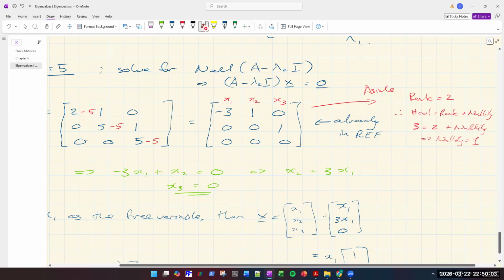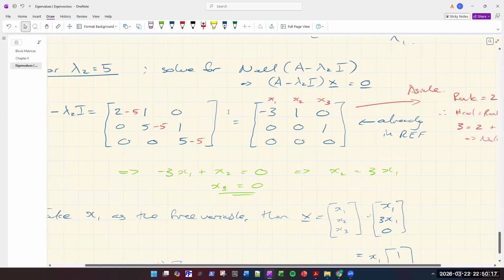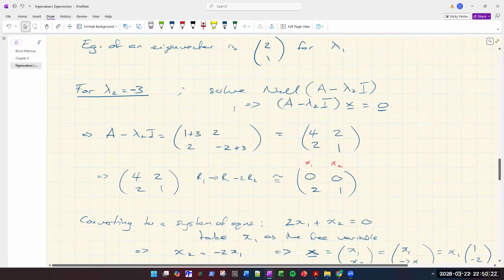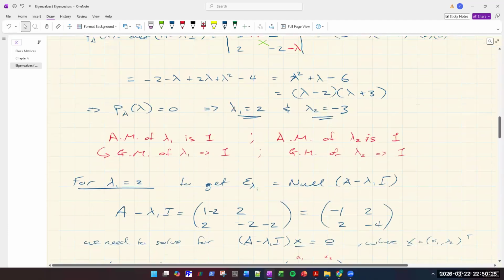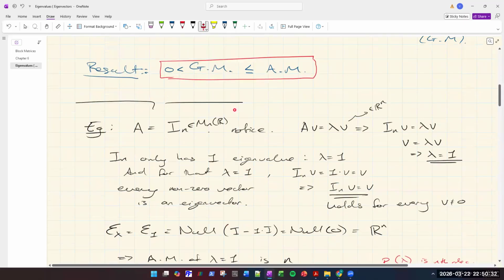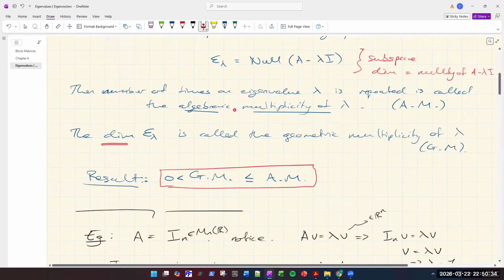And of course, what is the nullity? The nullity is the dimension of the null space. What is the null space? The null space is the eigenspace. So what is the dimension of the eigenspace? Let's go all the way up. The dimension of the eigenspace is the geometric multiplicity.